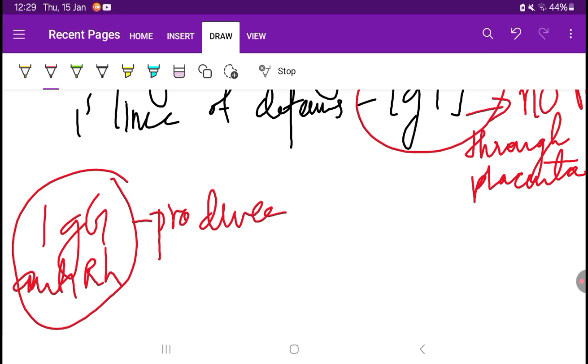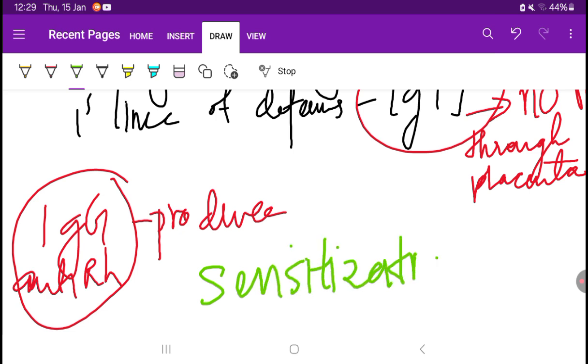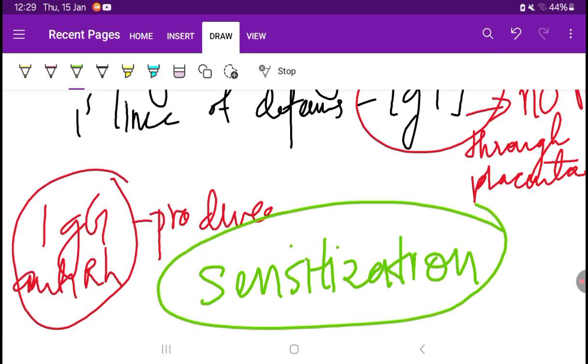This process is called sensitization. At that time it will kill the fetus, and this condition is called erythroblastosis fetalis.